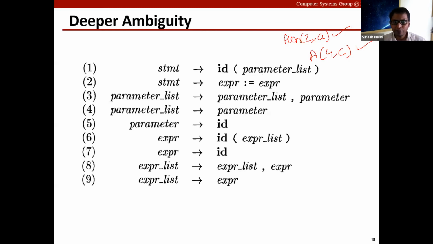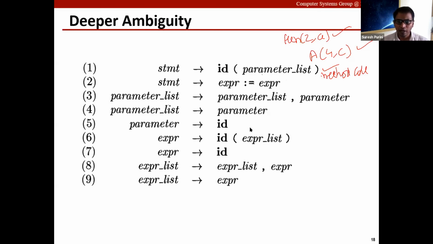If you see the associated grammar, the first substitution rule says that a statement can be a method call. That's what statement 1 says. A method call consists of an ID followed by a parameter list, the parameter list is a list of parameters, and a parameter can be an ID, and so on.